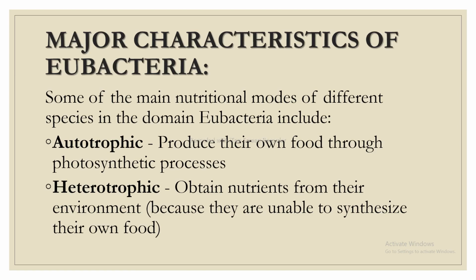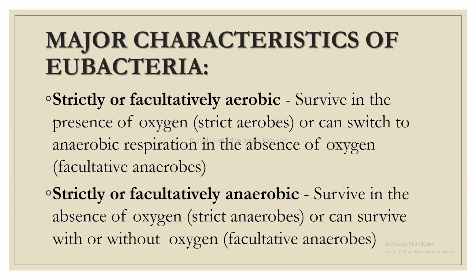On the other hand, heterotrophs obtain nutrients from their environment because they are unable to synthesize their own food. And next is strictly or facultatively aerobic: survive in the presence of oxygen, which are strict aerobes, or can switch to anaerobic respiration in the absence of oxygen. So these are considered facultative anaerobes.